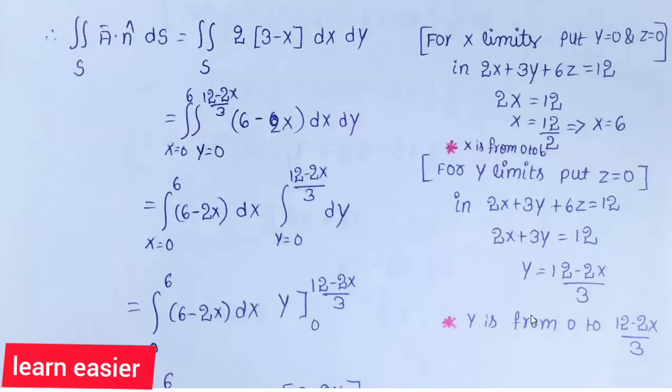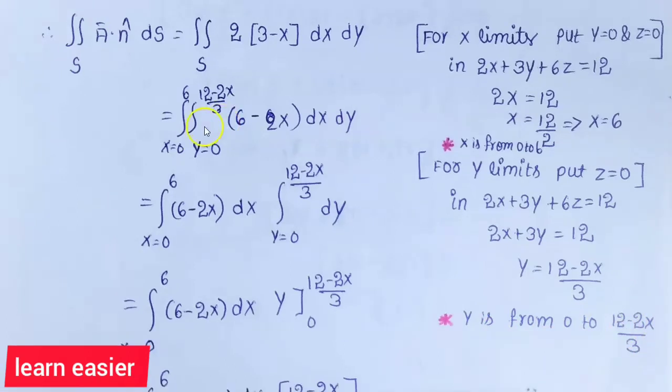So if we want the surface of the plane, we have to take the y limits as a function of x. So we have x from 0 to 6 and y from 0 to 12 minus 2x by 3, into 6 minus 2x, into dx into dy.